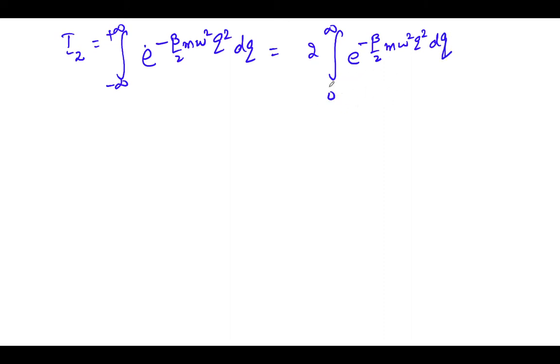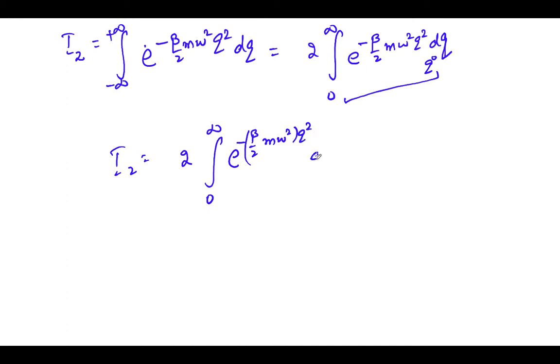So again it is the same integration. For this, putting the value, I can write it as the integral of exponential of minus beta by 2 m omega square q square, which is equal to q naught dq.